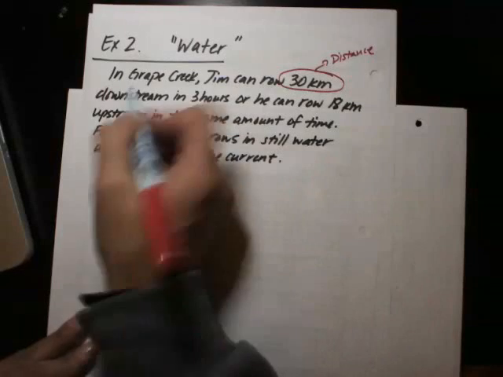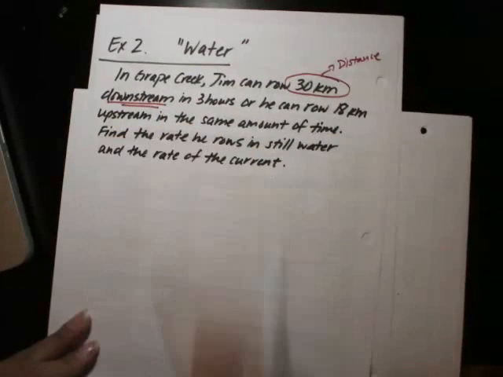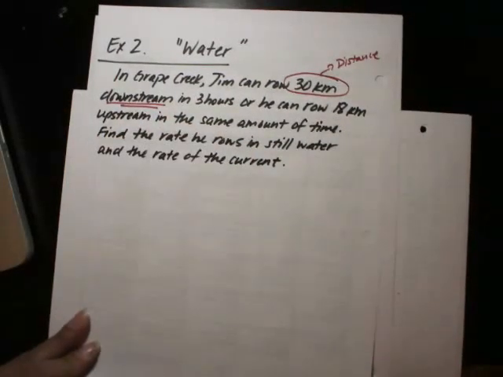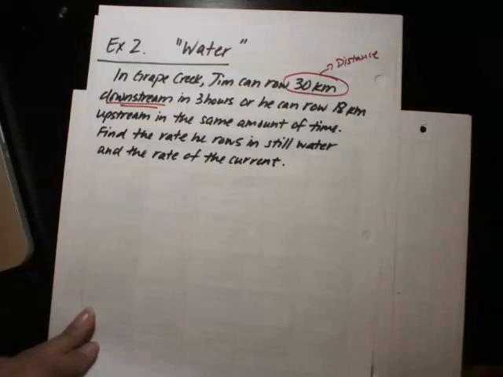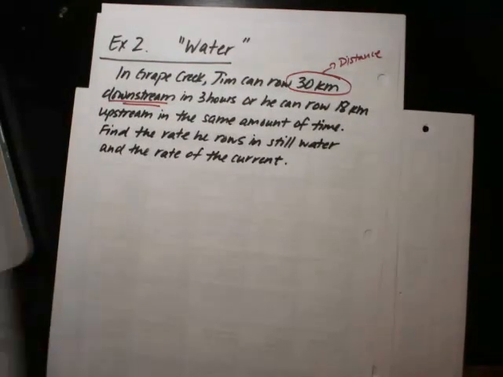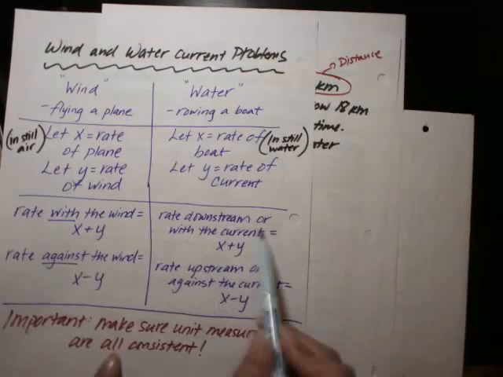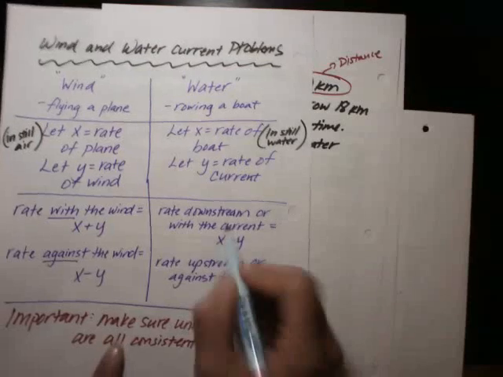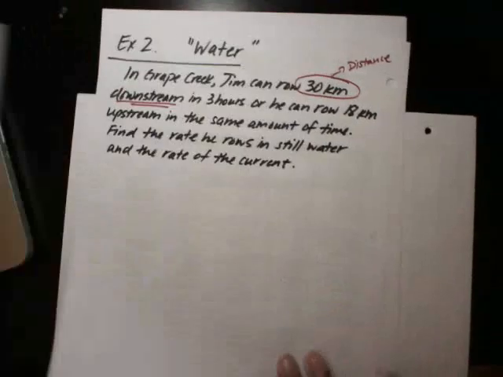And downstream, if you're rowing downstream, it's a lot easier. You have the help of the gravity, the current, everything. And so it's a lot faster. So downstream, let's take a look at what we defined our variables again. Downstream, or with the current, this means the same thing. We're going to use x plus y.